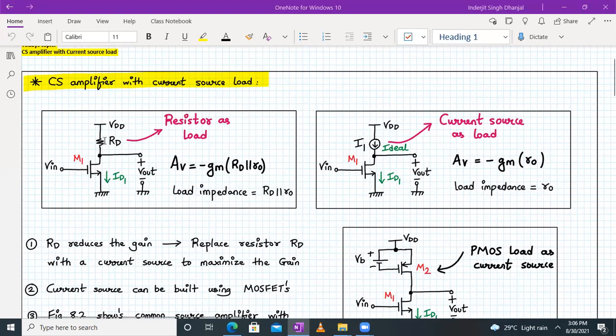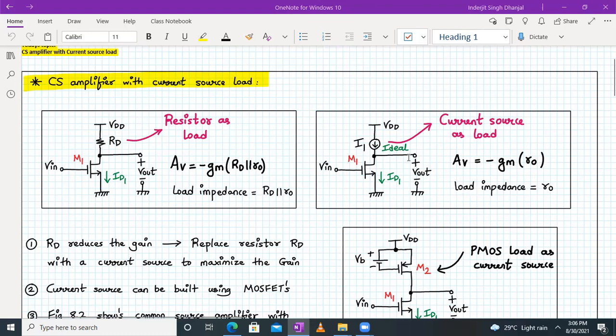In the last session, we compared a common source amplifier with resistive load and a common source amplifier with an ideal current source load. In the gain formula, we have the following result. With a resistor as a load, the gain AV was minus GM into RD parallel to RO, so the load impedance was RO parallel to RD. In the case of an ideal current source as a load, the gain becomes minus GM into RO.